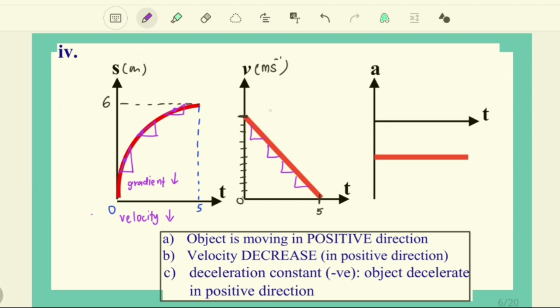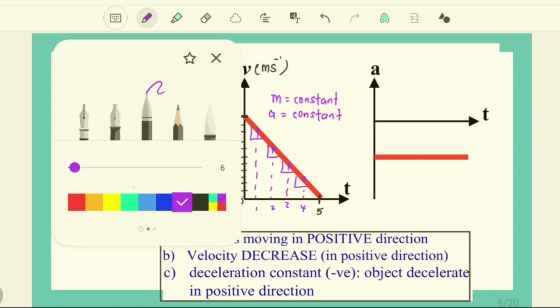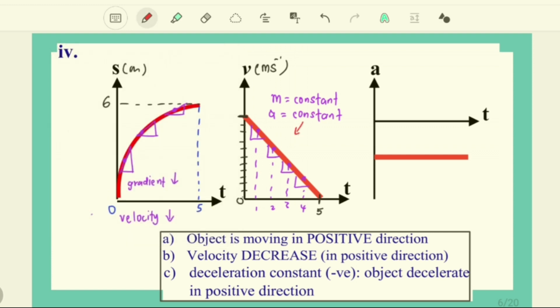Okay, kita kira dulu nanti. So, look at here, this is the straight line graph. At any point of the graph, let's say at 1 second, 2 second, 3 second, 4 second, the gradient is constant. Okay, means that the acceleration is constant. Okay, acceleration is constant, positive or negative?